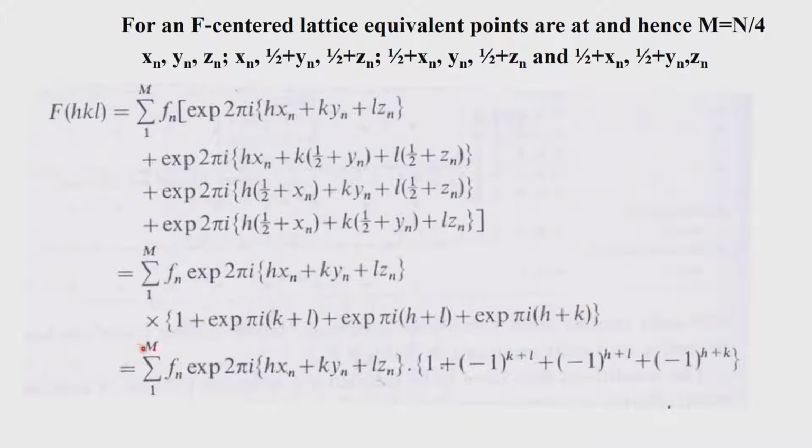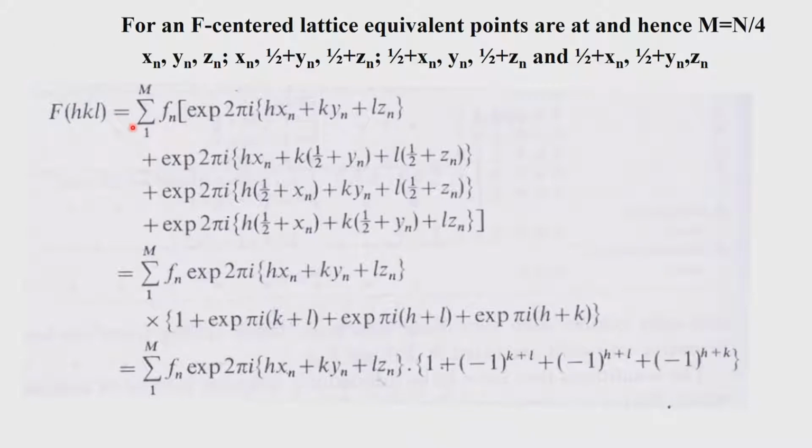This expression can be substituted with minus 1 to the power of k plus L, as we calculated in the previous case. Exponentials with these integers can be easily evaluated mathematically, and the solution tells us that this can be 1 minus 1 minus 1 minus 1, and therefore we get this expression for F of HKL.